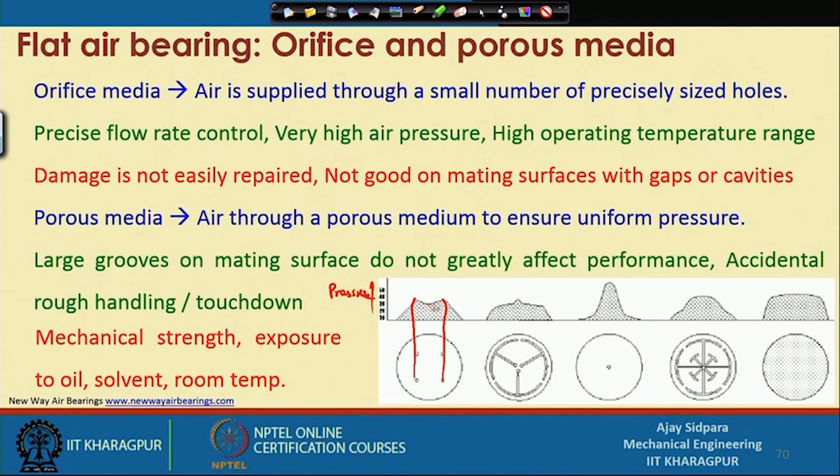So, you are getting a variation in this particular part. Now, this is another case, where you have a continuous slot here and these are orifices 1, 2, 3, and you can get a peak here. Here the maximum pressure will be at this location and the remaining part is continuously decreasing. This is another way of the orifice where you are getting a different profile, and this one is the porous part.